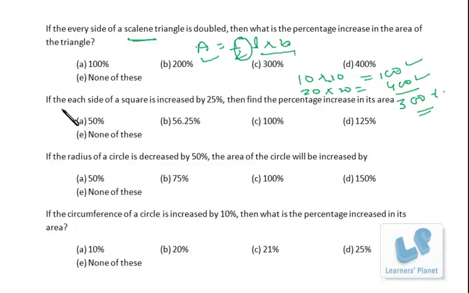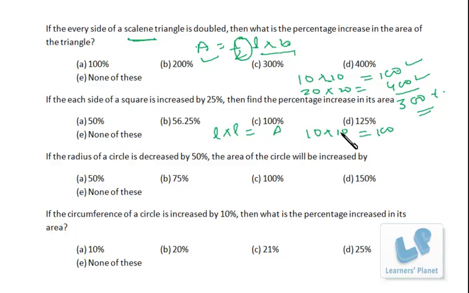Similarly, we can see this example. If each side of a square is increased by 25%, find the percentage increase in area. Now, what is the relationship between side and area? That is length into length is area. Okay. So, first, as usual, we will take the initial values as 10 and 10.